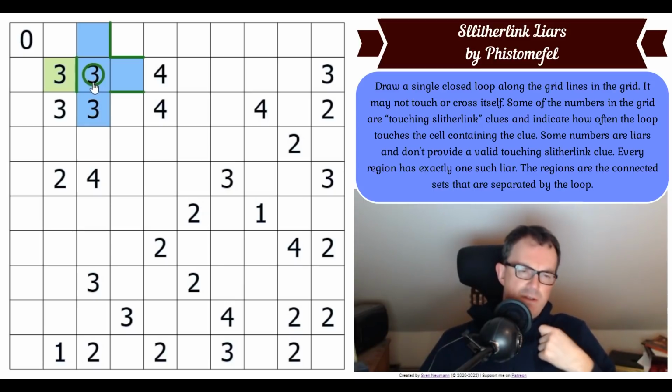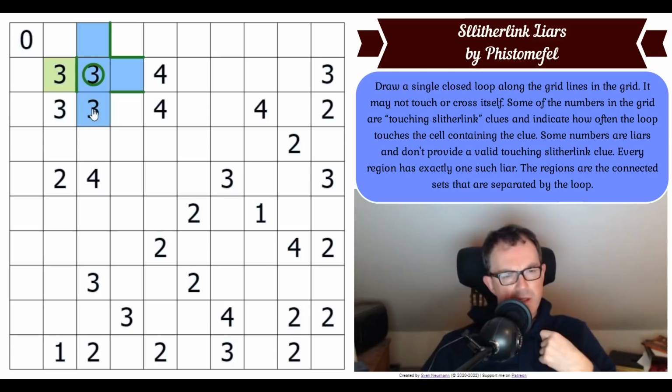So if this is correct, I've proved I have to make both of those wrong. But if this is wrong, let's see if I can make this one correct now. If I make that one correct, that forces that line segment and that line segment, which puts this in the same region as this.